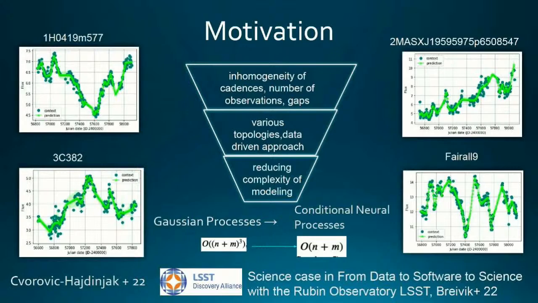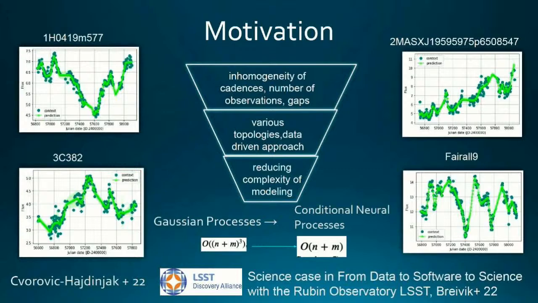And then of course there are many technical issues and challenges like observational gaps, inhomogeneous data, number of points, cadences, and so on. All of these things are quite a challenge to tackle and solve with one specific tool.